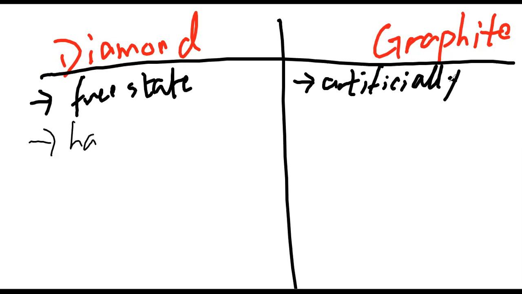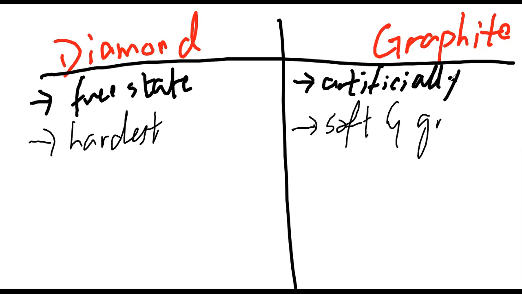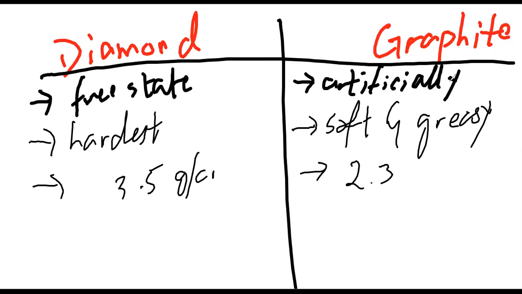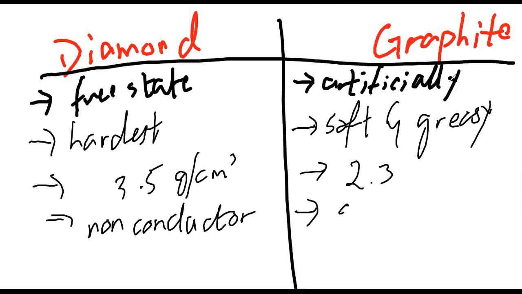Diamond is the hardest substance known; graphite is soft and greasy. Diamond has more density, 3.5, while graphite's density is 2.3 grams per cm cube. Diamond is a non-conductor, while graphite is a good conductor of heat and electricity.